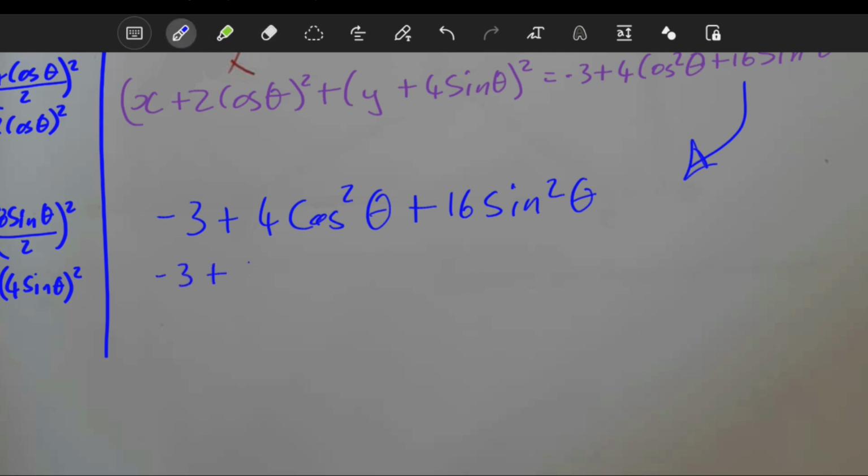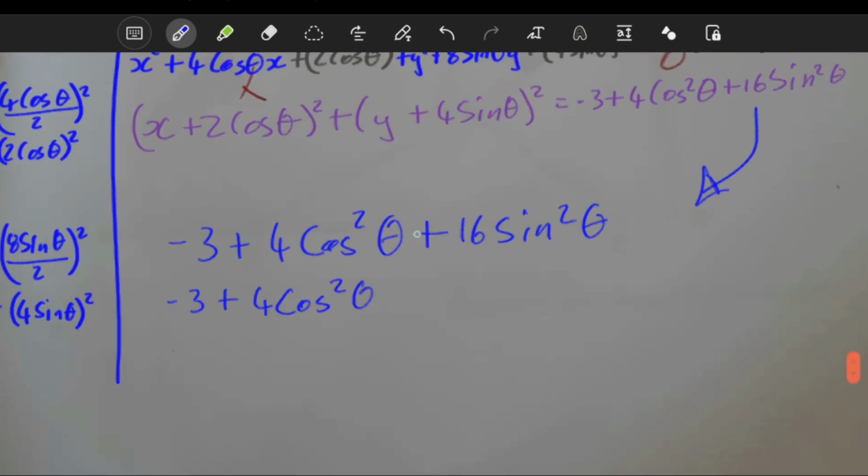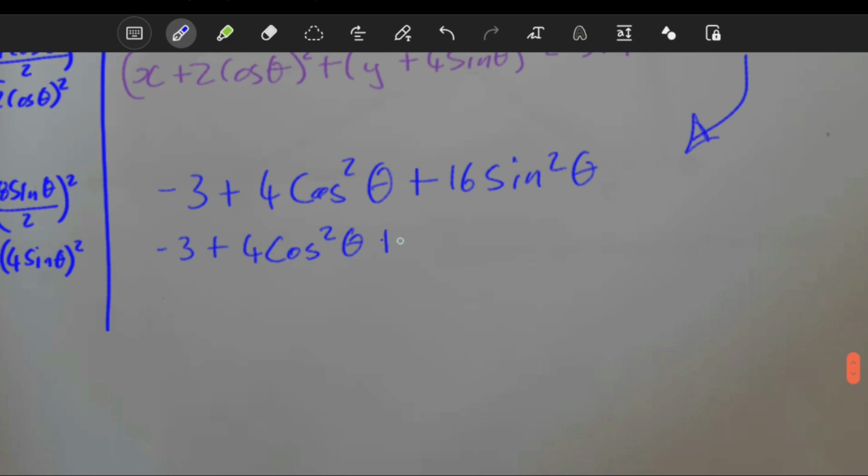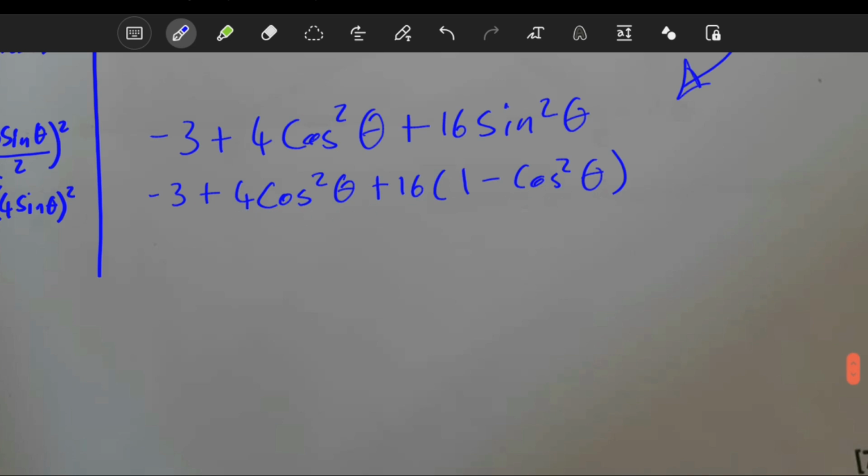Minus 3 plus 4 cos squared theta plus 16, and then here I can put 1 minus cos squared theta. I'm just working with the right hand side. So this is negative 3 plus 4 cos squared theta plus 16, if you multiply inside, minus 16 cos squared theta.